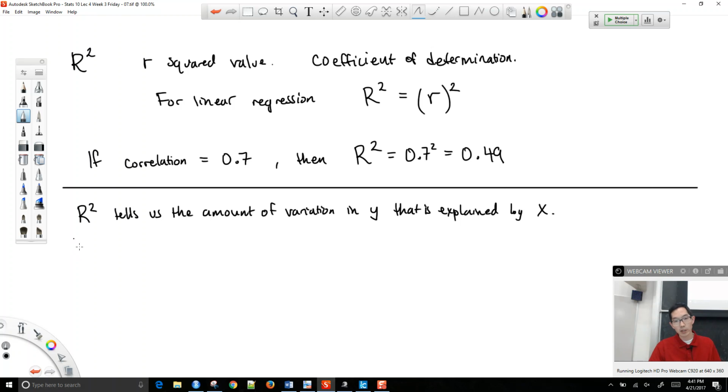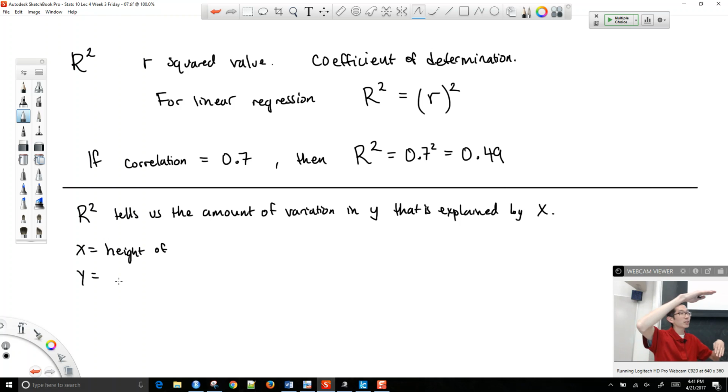So let's say x is the height. Let's say we wanted to ask, is there a relationship between women's heights and their mothers' heights?